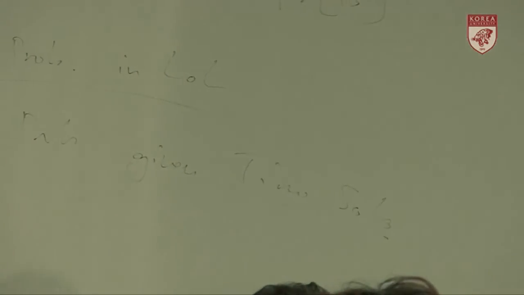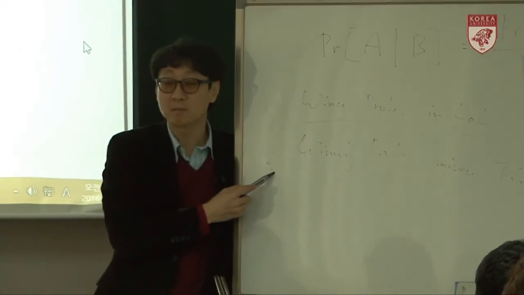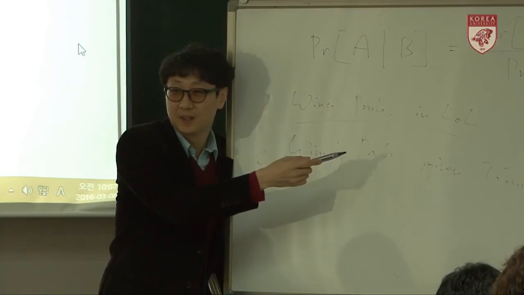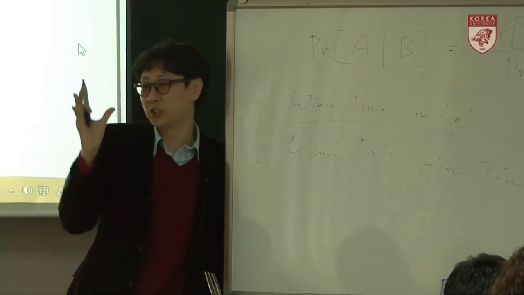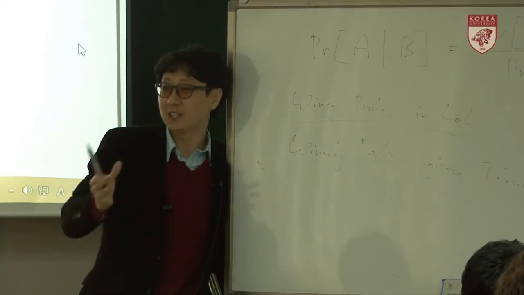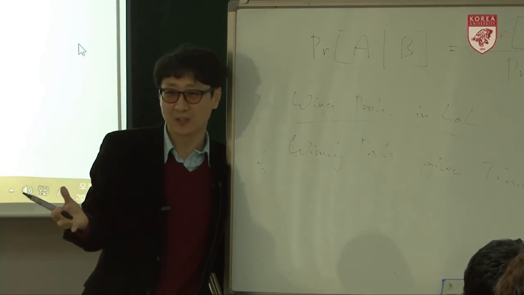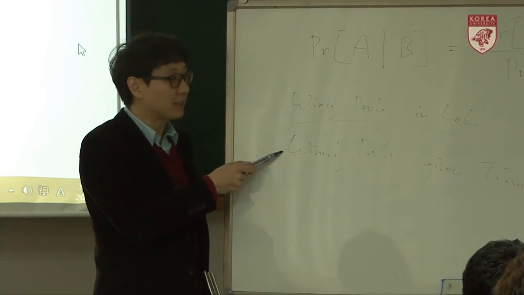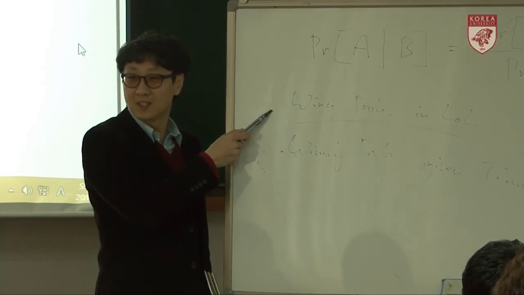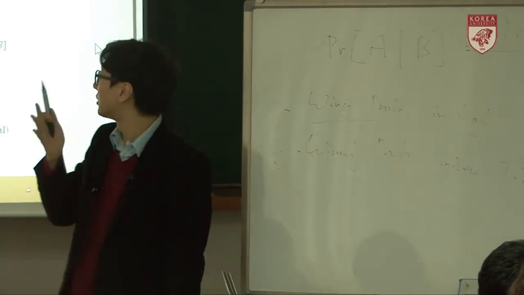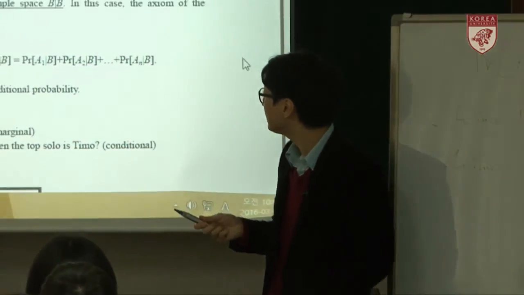This is a conditional probability, right? So in this case, event B is Teemo is my top solo. So we assume that event has already happened. Teemo is already my top solo. Then what's the winning probability? Definitely, this probability is different from this probability without conditions. So that's the concept of the conditional probabilities.